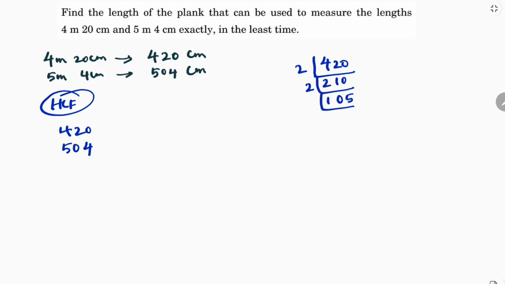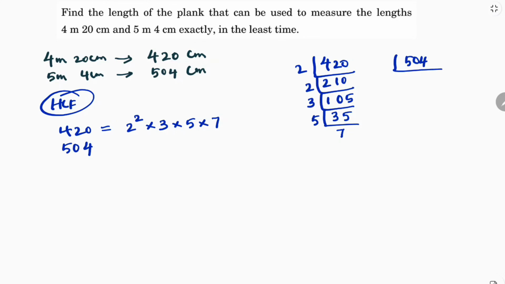Next, 105 will divide by 3: 3 times 35, then 5 times 7. So 420 is 2 power 2 into 3 into 5 into 7.